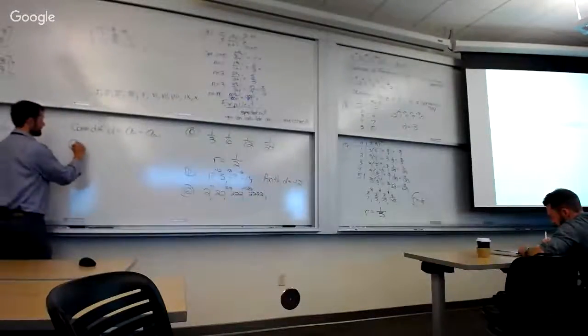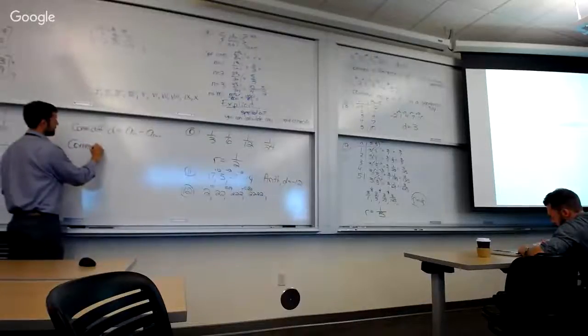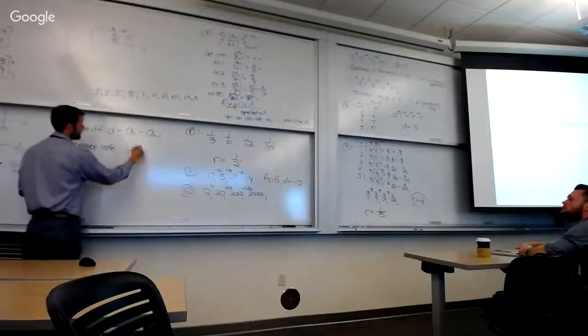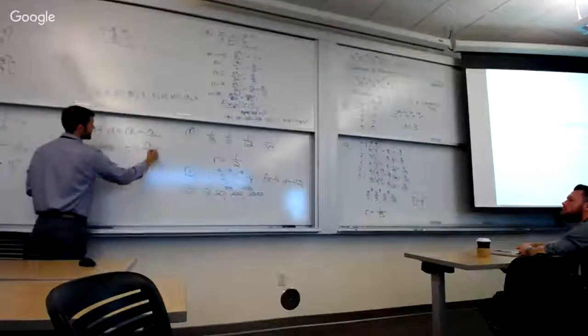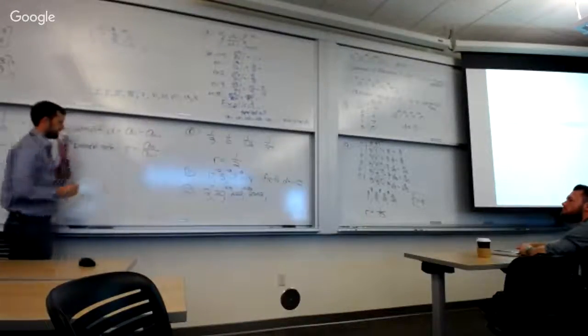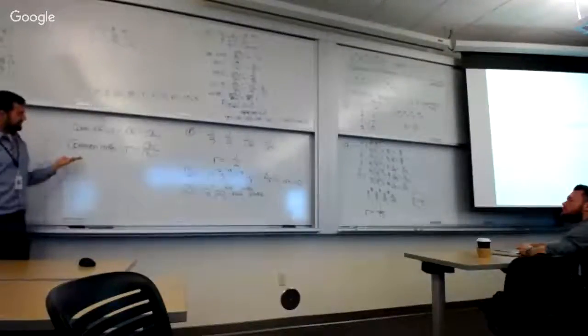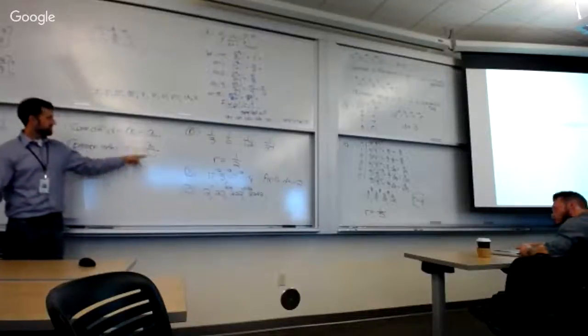If you want the common ratio of a geometric sequence, then take any given term and divide it by the term right in front of it. And that's what that formula would look like. In order to be an arithmetic or a geometric sequence, that result has to be the same no matter where you start.